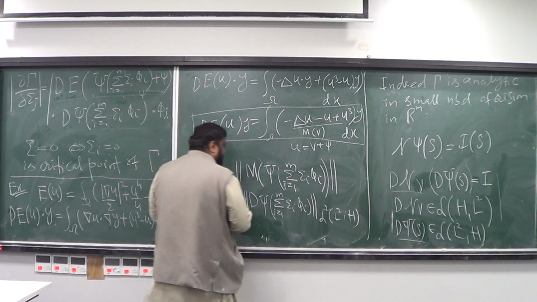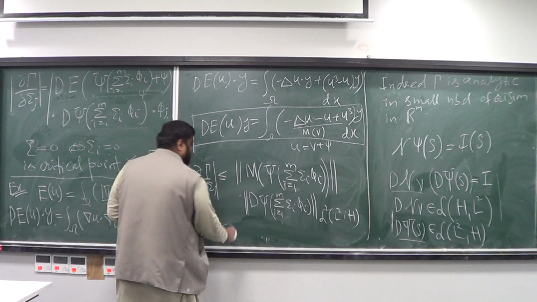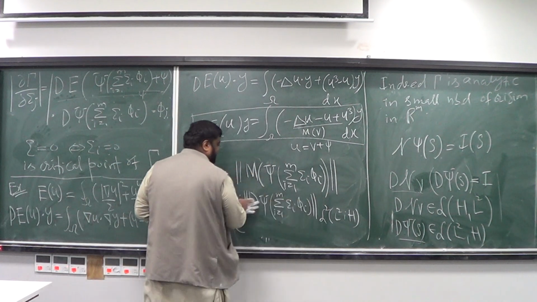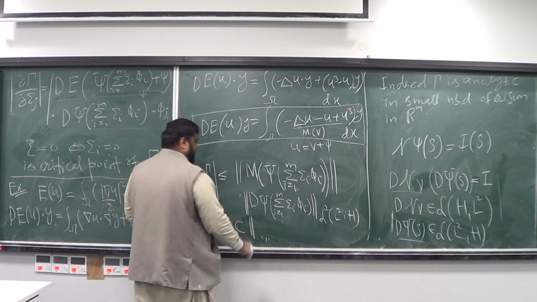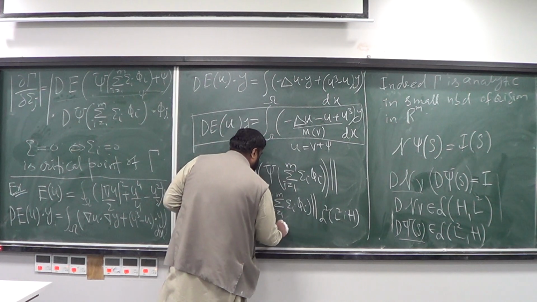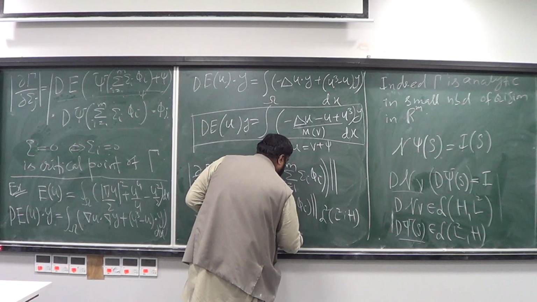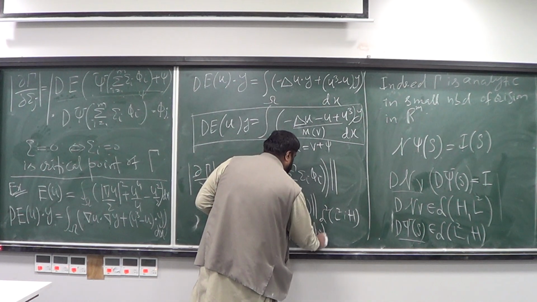So if it is finite, I can estimate this by some constant, which could be this operator norm, times m of psi of the sum from i equal to 1 to m of xi i phi i.